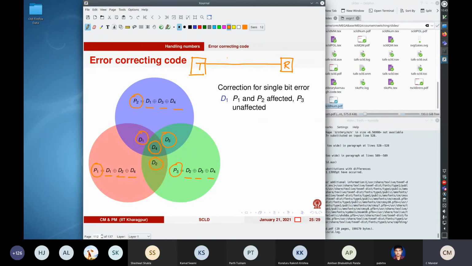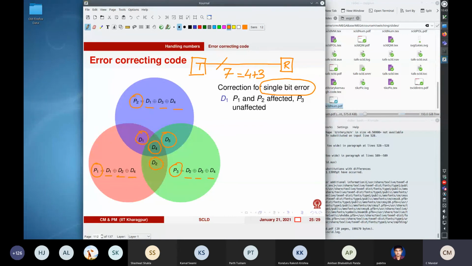This is equal to 4 plus 3: 4 data plus 3 parity. So now we assume that at most one bit will be in error. This is an assumption, okay? If this assumption is violated, this scheme will not work.